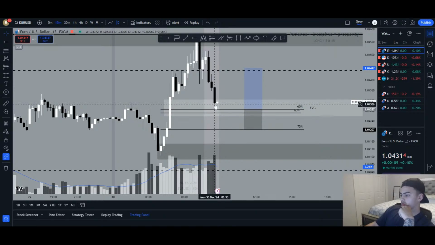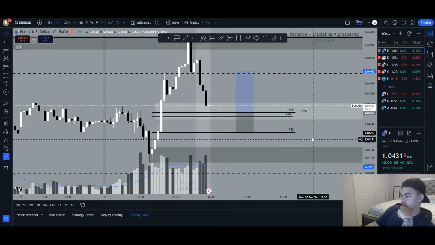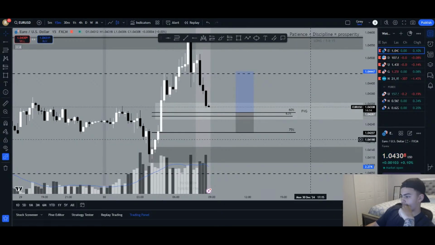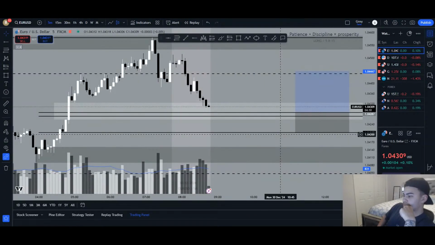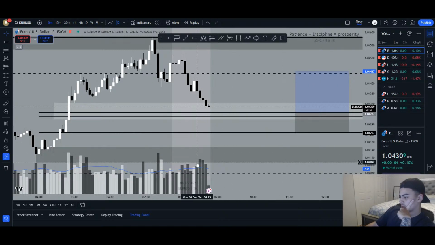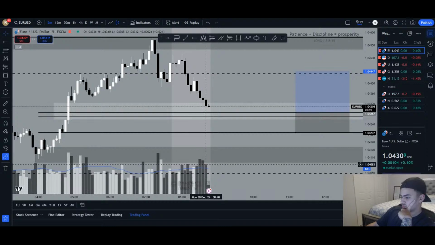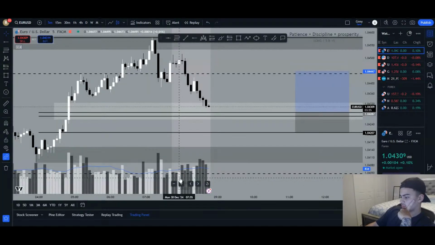Next candle could close bullish. I see it. Also, the black bearish candles are losing volume. As you can see here, it's getting smaller and smaller and smaller, as the white ones are getting bigger and bigger.